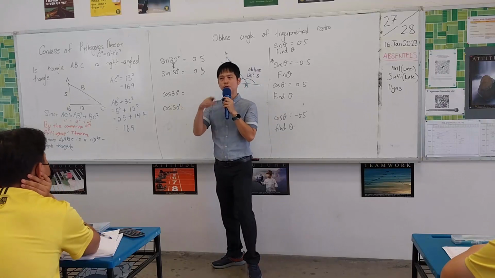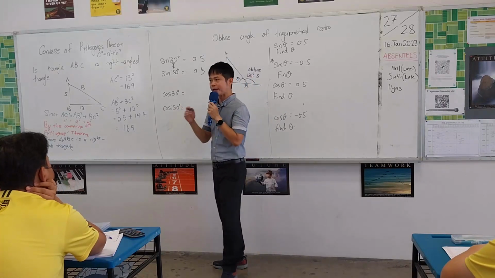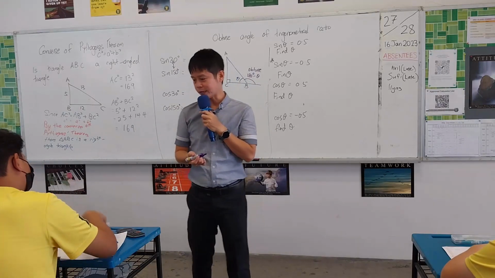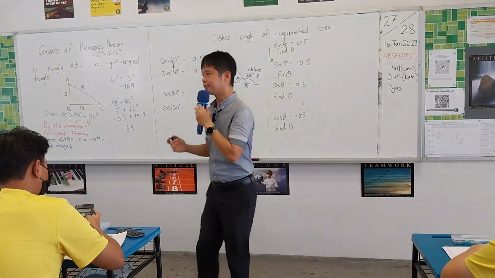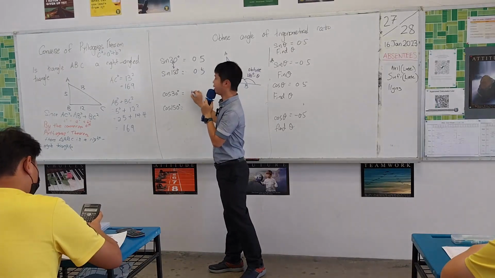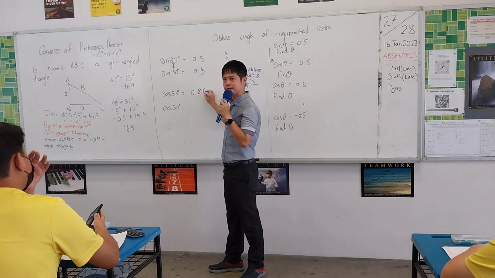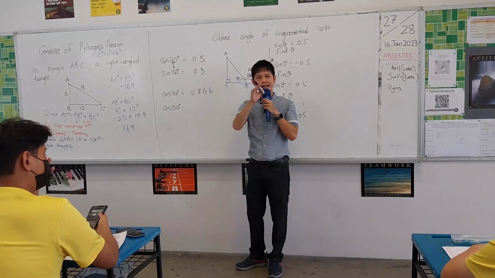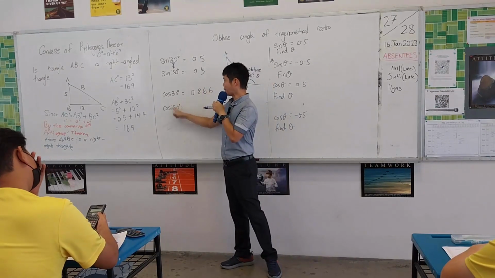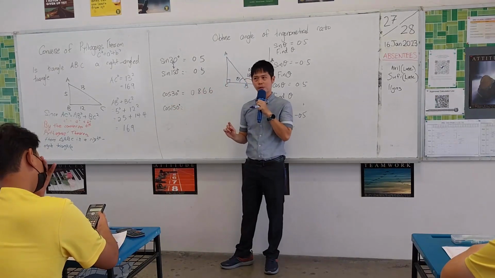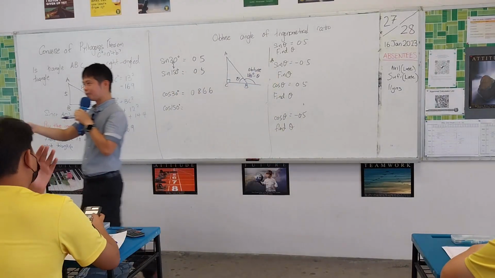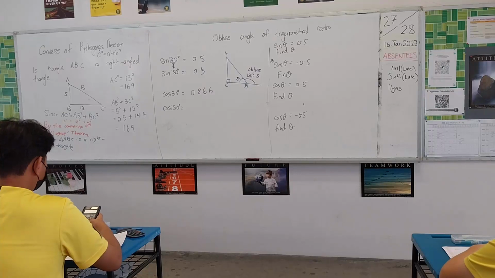Now for cosine, cosine is a bit different. Press cosine 30, you get 0.866. Now, wait, don't press yet, guess. What happens when I press cosine 150? You guess that it's the same, right? Press your calculator now, see what you get.